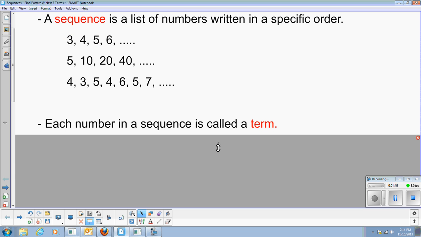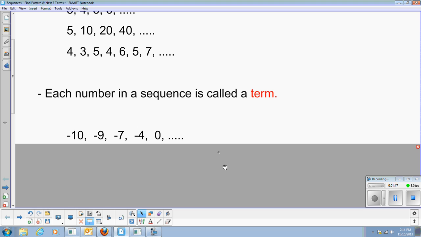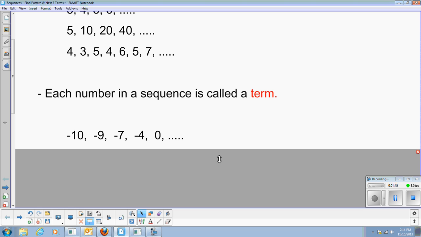To take a look at how that works, here's another sequence: -10, -9, -7, -4, 0, and so on. Here's how this works with what we call terms. I have a term. I'll put the word term here.